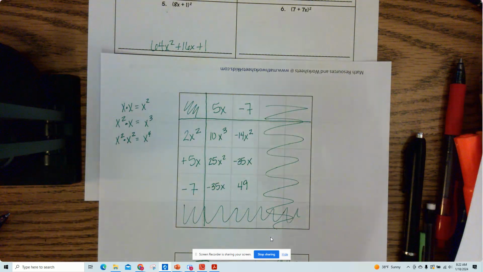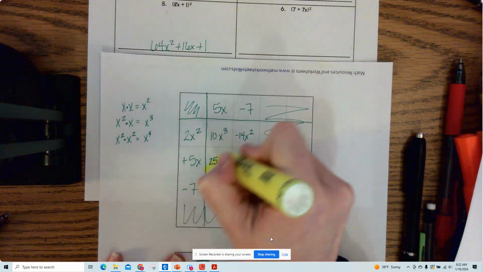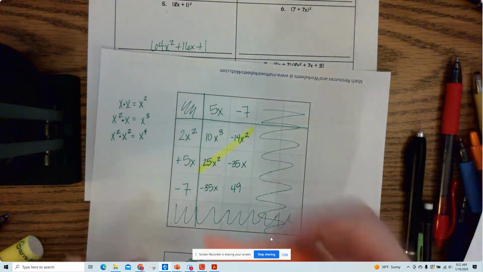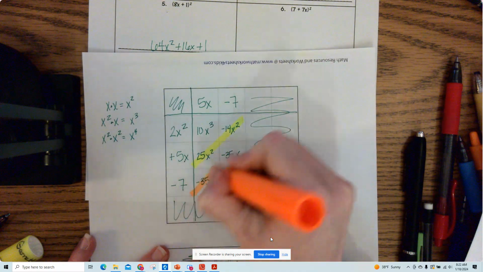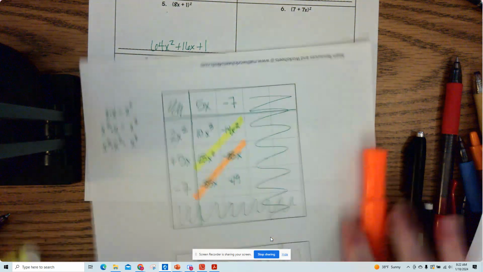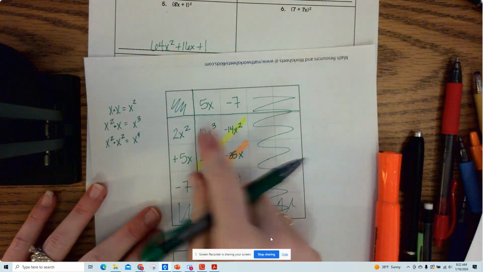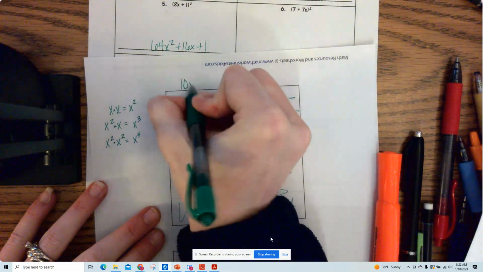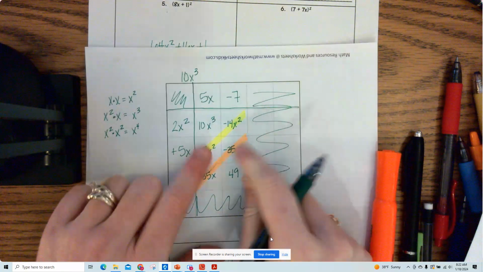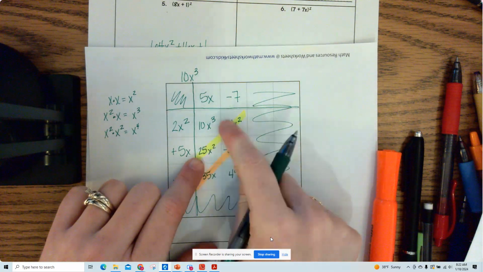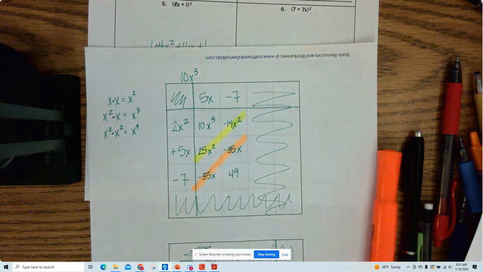Like terms, those diagonals. So these two have to go together. And these two have to go together. You always start with the biggest exponent when you're writing these. So my biggest exponent is that 3 there. So I know that piece is going to go first. All right, to combine these, it's just the coefficients. 25 plus -14.